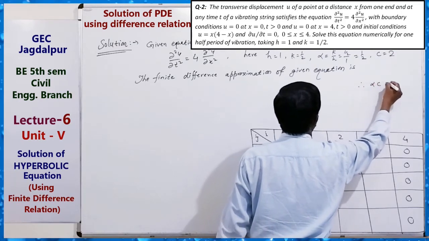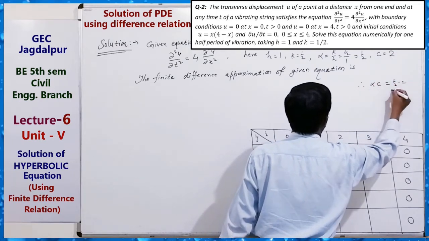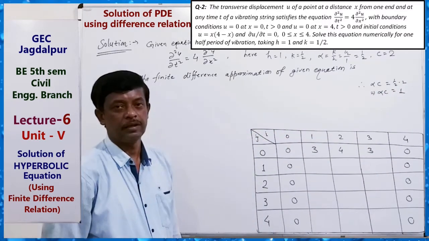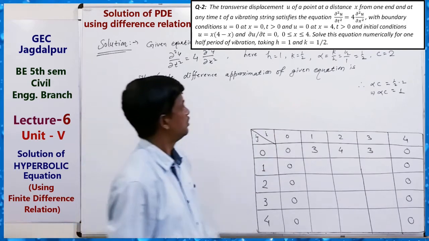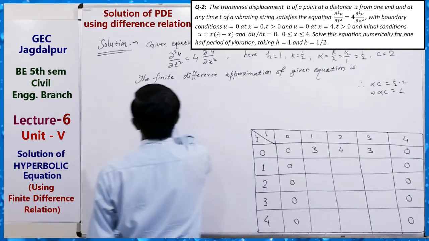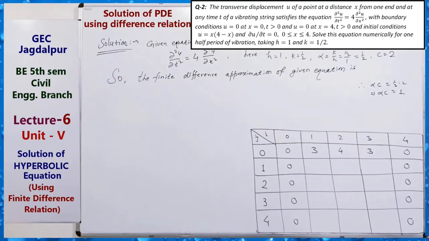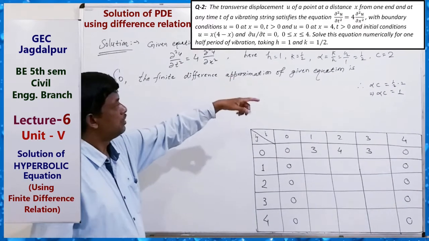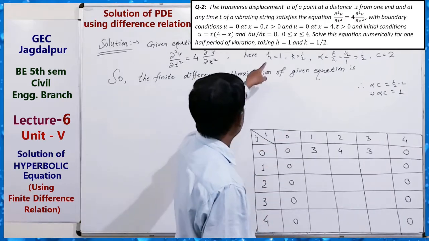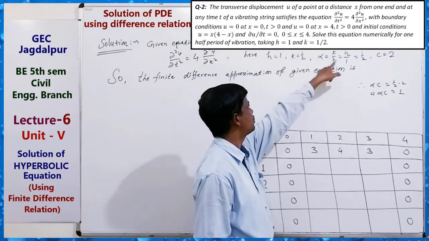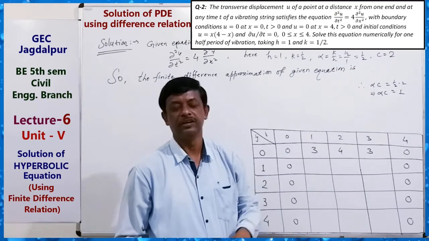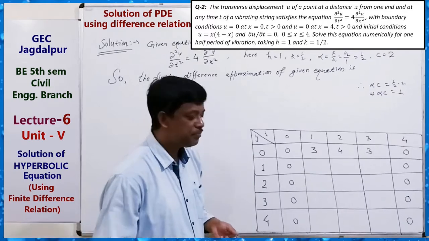Therefore alpha c equals 1 by 2 into 2 equals 1. Alpha c equals 1. So for the finite difference approximation to the given equation, here we see that h is 1, k is half, alpha equals k by h equals half by 1, c equals 2, so alpha c equals 1. That is, our explicit formula can be used.